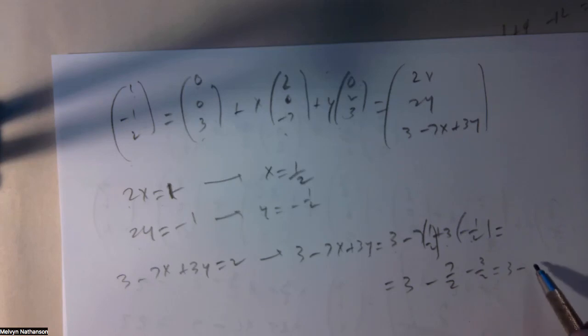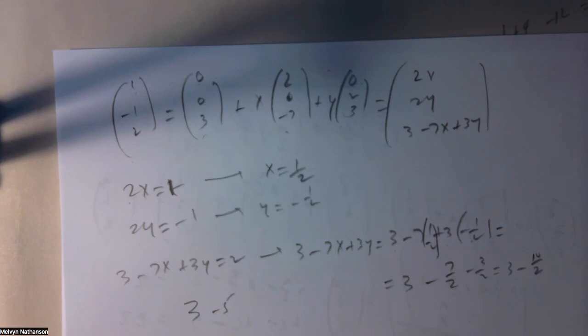That's 3 minus 10 halves, which is 3 minus 5 equals minus 2.